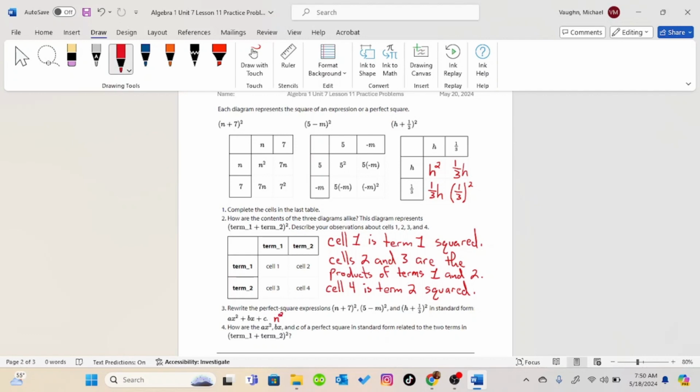Then we're going to have the products of term 1 and 2, and we're going to have 2 of them. So we're going to have 7n plus 7n, so that's going to be plus 14n, and then we're going to have term 2 squared, which is 7 times 7. So that would be 49.